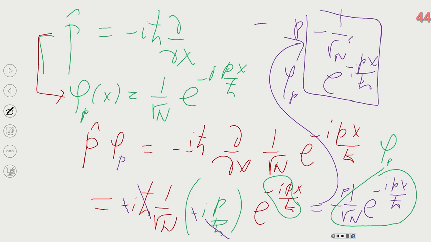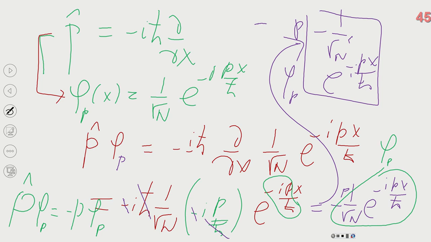Applying operator p, we get the value of the momentum, without hat, times the same function. And this minus sign is just my punishment for having minus here. I do not want to go quickly and remove it, otherwise it will be too much mess.